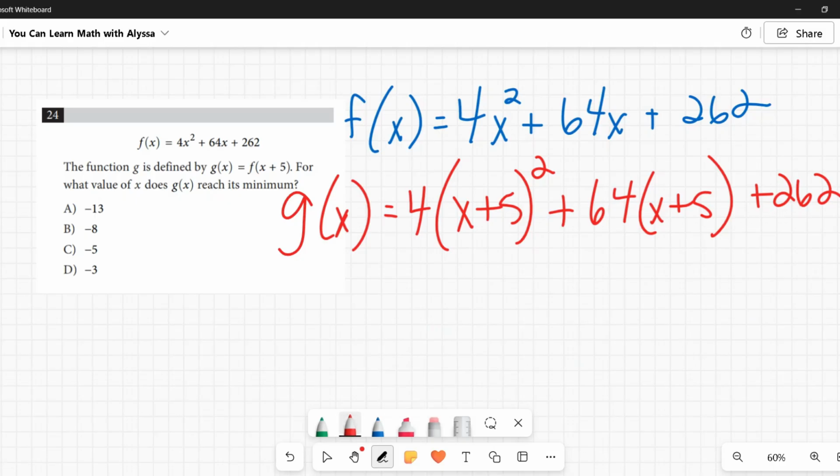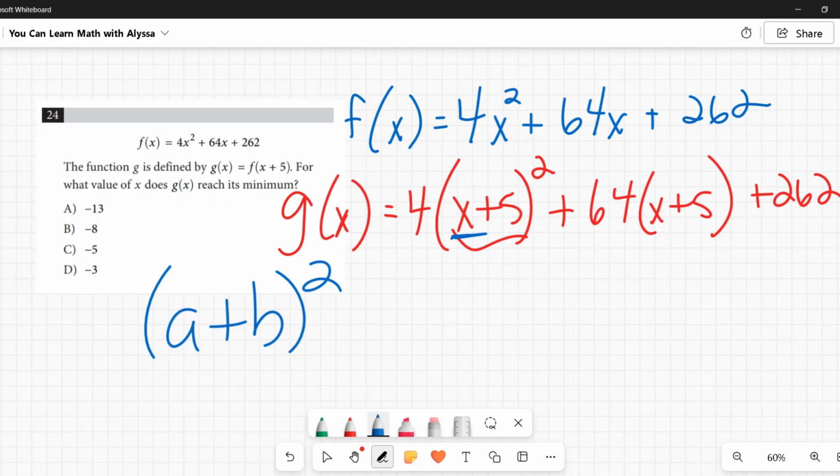Let's expand all these. First, I have x plus 5 squared. I'm going to use my knowledge of perfect squares and the pattern that happens. a plus b squared, if you expand it, is a squared plus 2 times a times b plus b squared. That's a standard format. It's good to know for times like this.